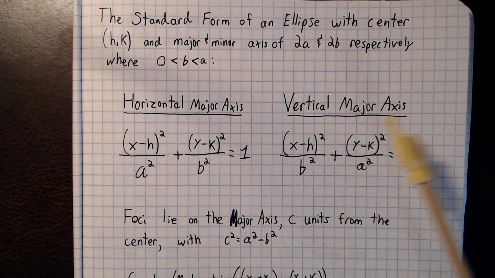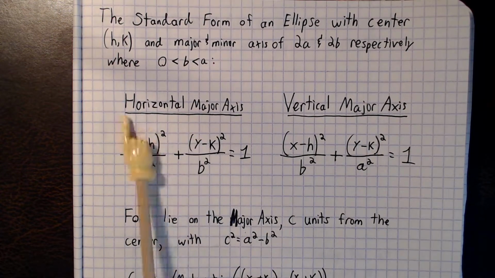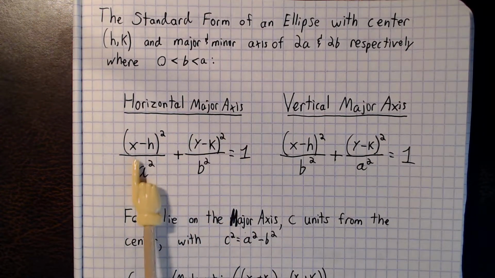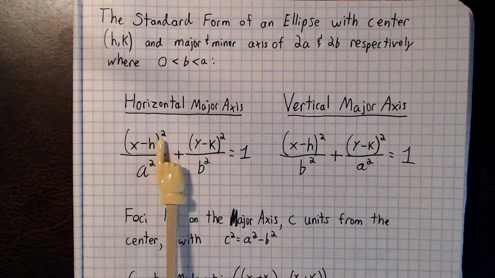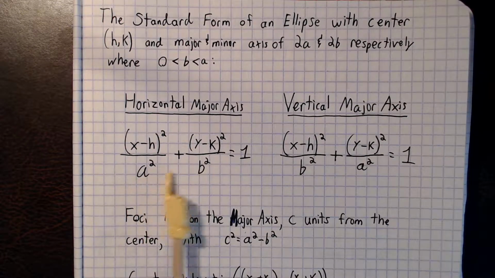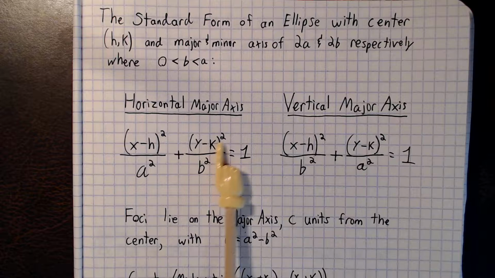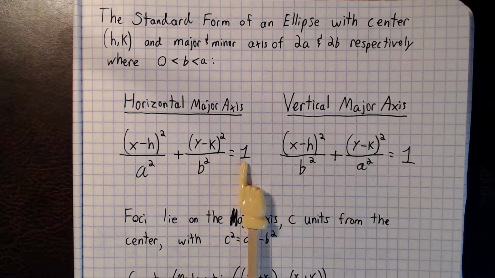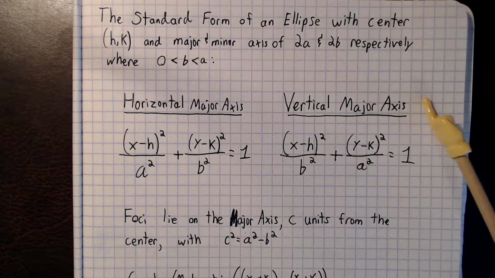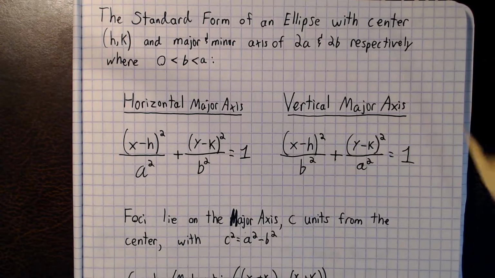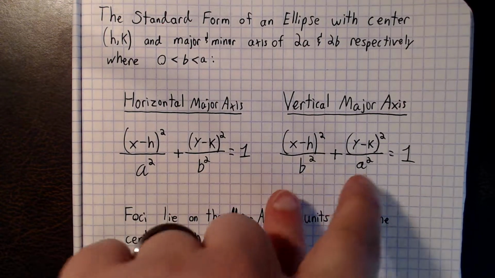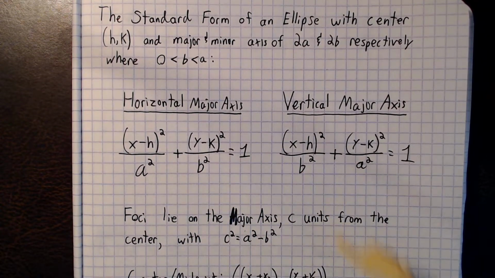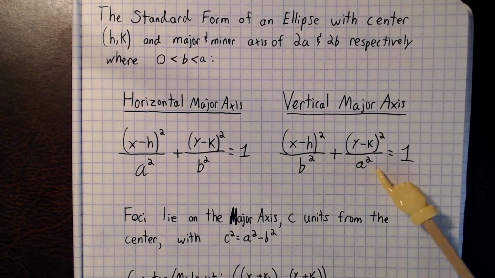Same idea with b. So if you have a horizontal major axis, you have x minus h squared over a squared plus y minus k squared over b squared equal to 1. Very similar formula for vertical, except this time you notice that our a and b's switch. That's what gives us the vertical major axis.